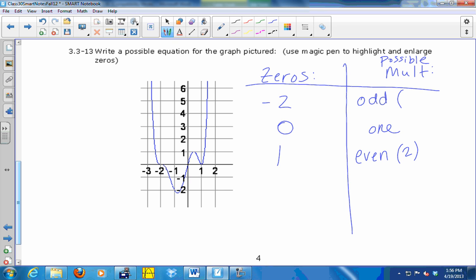So I'm going to choose 3 because that's the smallest odd number to work with. If this was a test question, you could have chosen 4 for the even and 5 for the odd. You can't know exactly unless I gave you more information about this polynomial, right? If I told you that it was 6th degree, then you would have been able to figure out the multiplicities exactly.